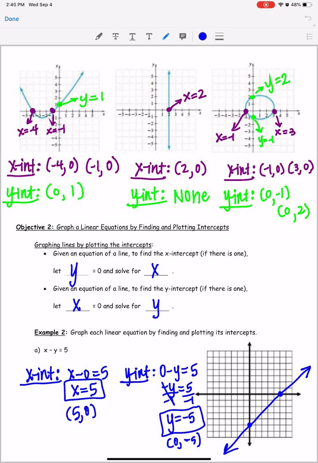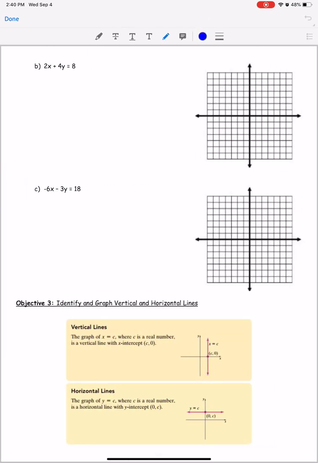Okay, we got 2 more examples like this. B, we got 2x plus 4y equals 8. So find your x, find your y. When I find my x-intercept, we're letting y equal 0. So in place of this y, we're plugging in 0. So 2x plus 4 times 0 equals 8.